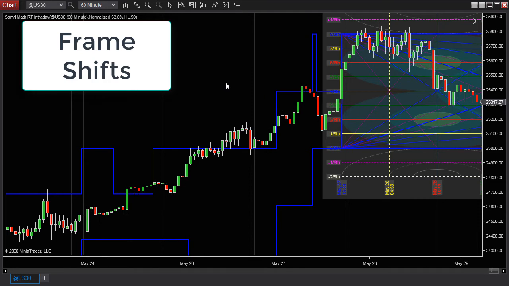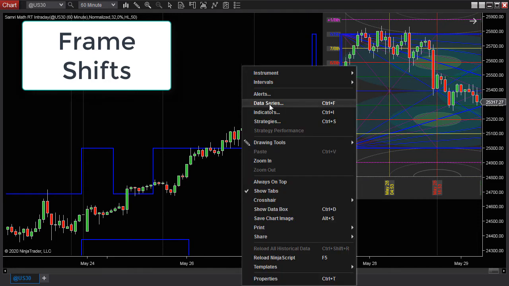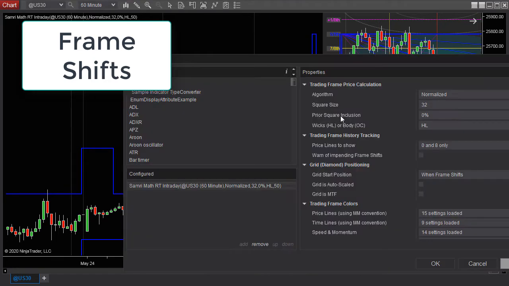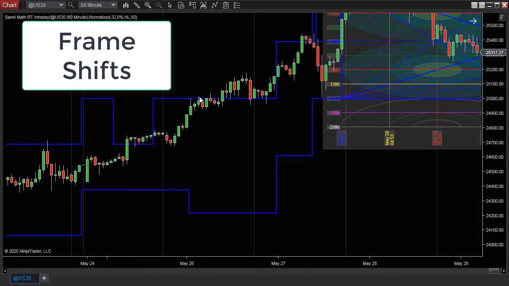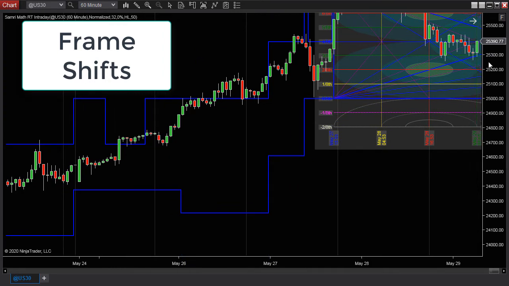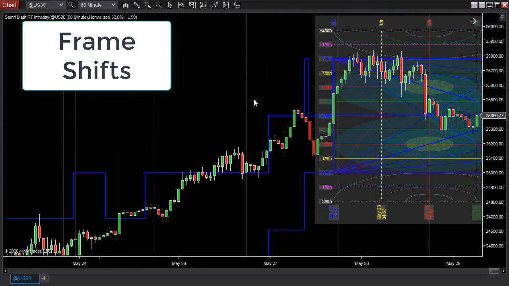The other option under history tracking is this. It's warn of impending frame shifts. I'm going to keep it off just for a second. Now, what are frame shifts? If you trade you would know that a frame shift is when your range, which is from 0/8 to 8/8, plus of course the lines in between and the lines above and below, sometimes changes.